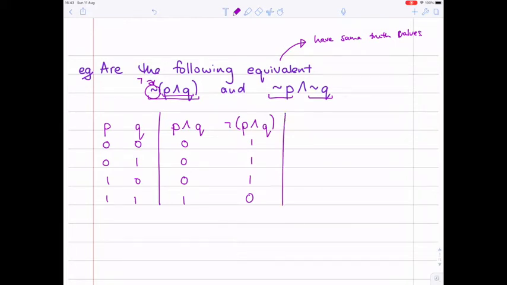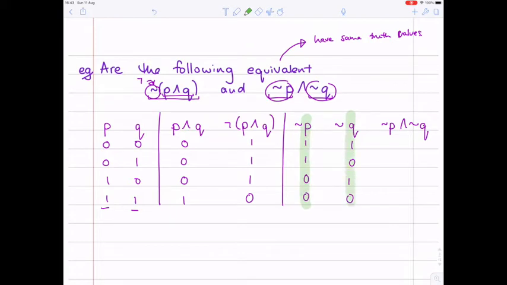And we want to compare that. Well, here I need not P and not Q. So not P is going to be 1, 1, 0, 0. Not Q is 1, 0, 1, 0. So I've just negated both those columns. And now I want to combine those into not P and not Q. Here I'm using these two columns and combining them with and.